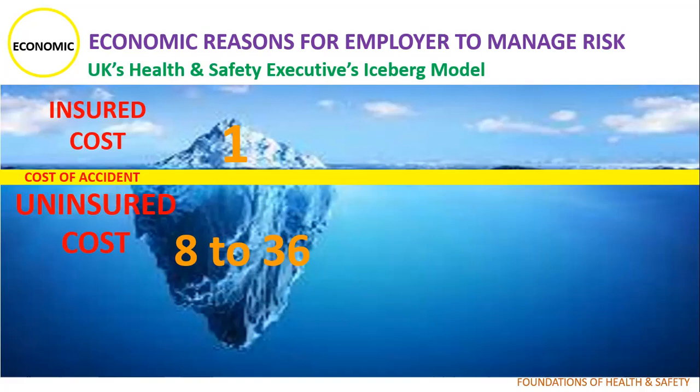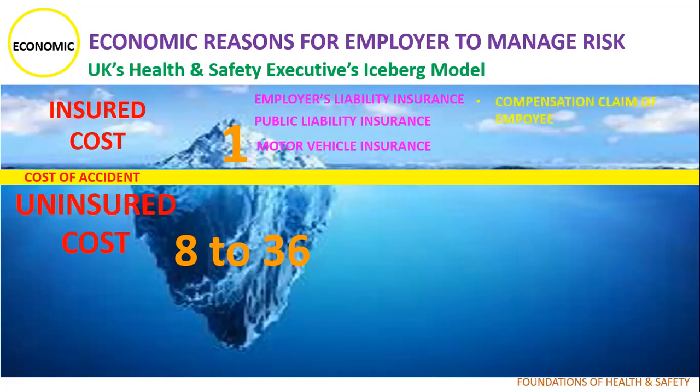So now, what are the insurances available that can cover the cost of the accident? First is the employer's liability insurance, then public liability insurance, and motor vehicle insurance. An example is the compensation claim of the employee.